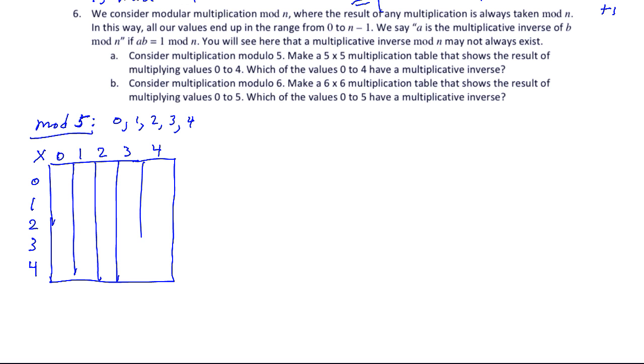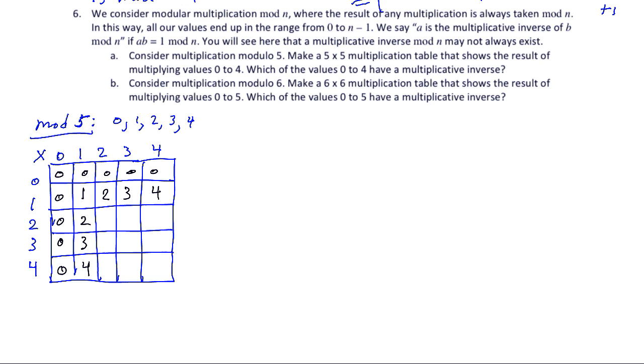I'm just going to do regular multiplication, except after I'm done multiplying, I'm going to take it mod 5. 0 times anything is always 0, so I can fill in the first row and the first column with zeros. 1 times anything is itself, so I can fill in the second row and the second column like that.